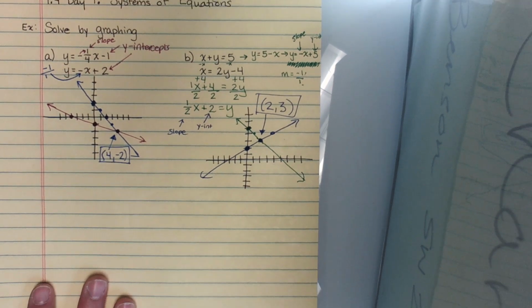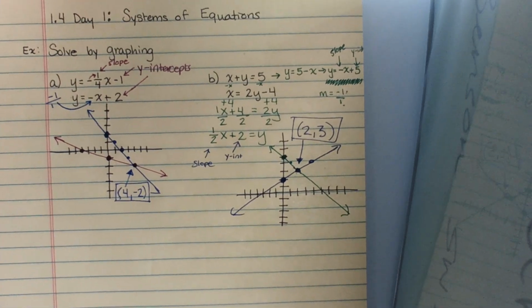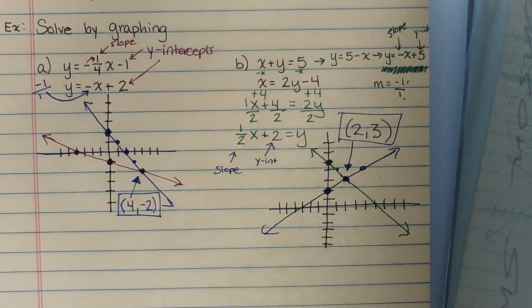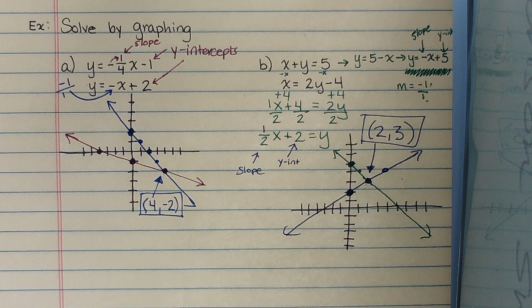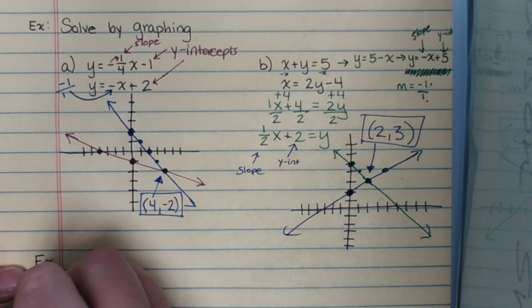Graphing to solve a system of equations. It's not terrible. But it's kind of tedious, isn't it? Just to find one coordinate point. More commonly, you're better off solving algebraically.